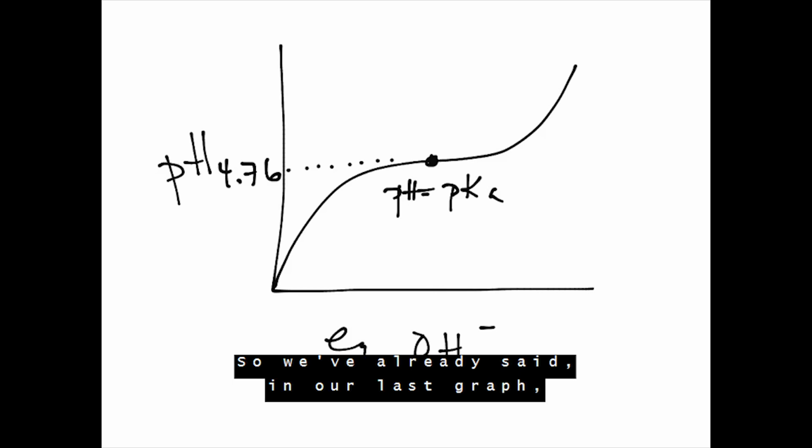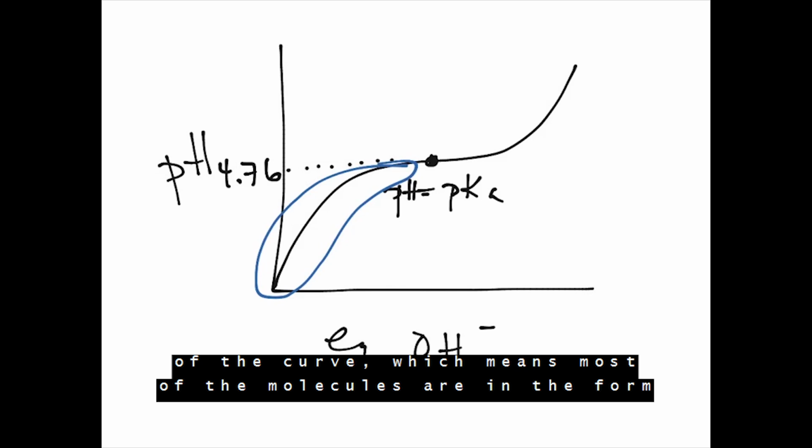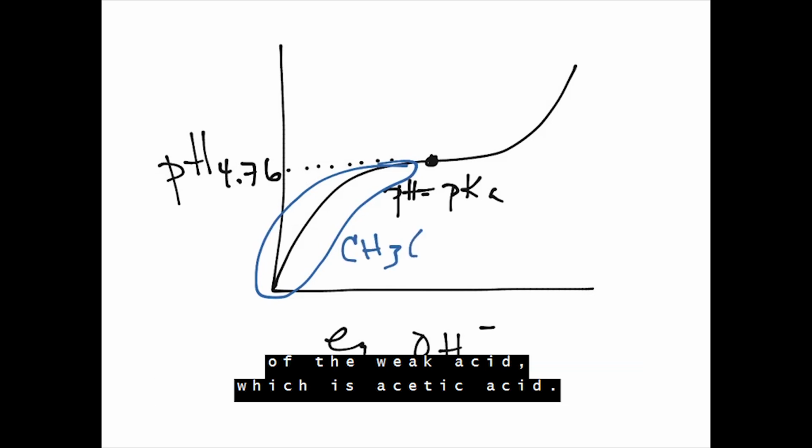So we've already said in our last titration curve that if our pH is below 4.76, we are down on this point of the curve, which means most of the molecules are in the form of the weak acid, which is acetic acid.